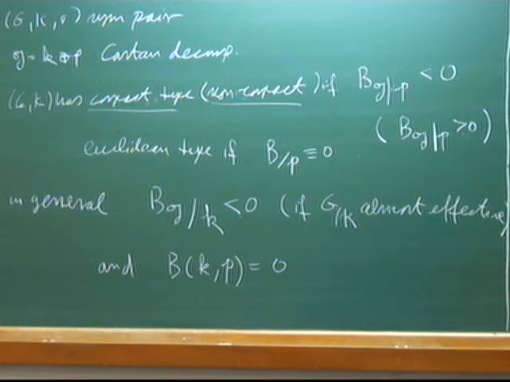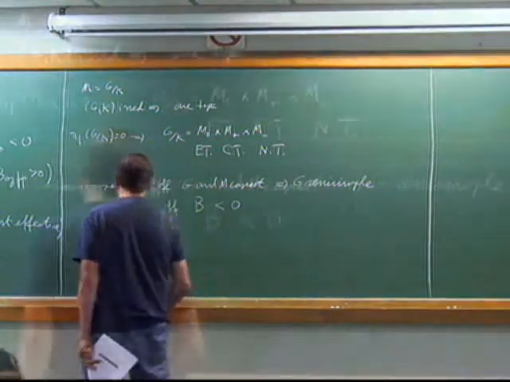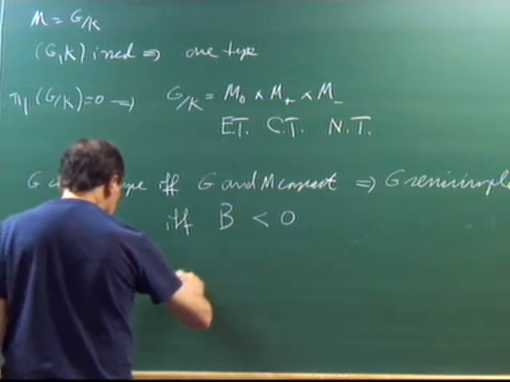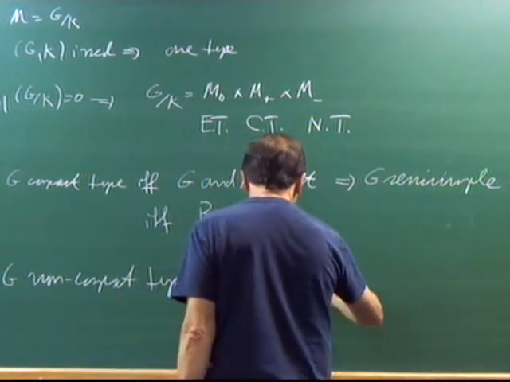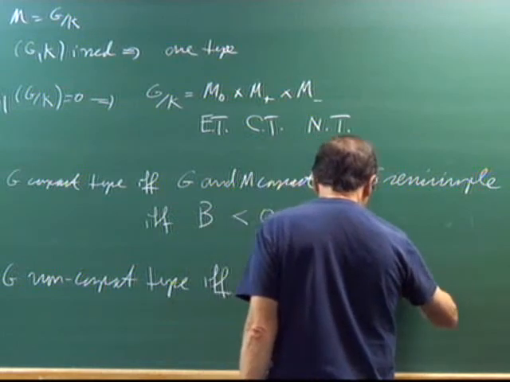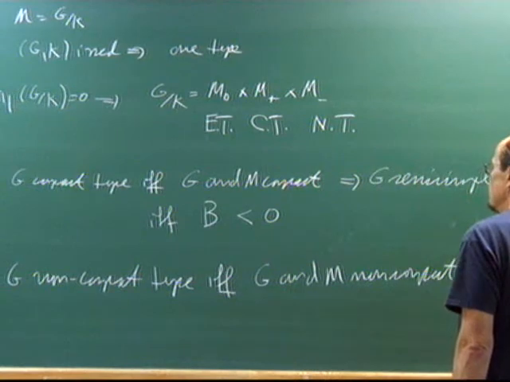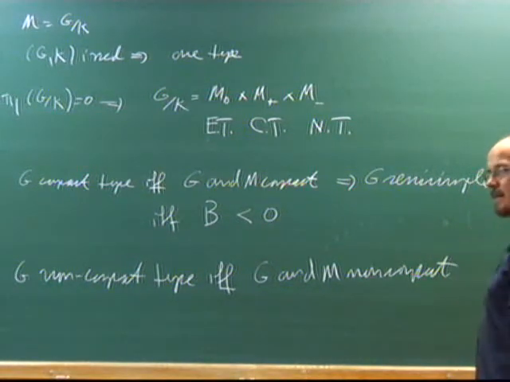Of course, here I can always also say if and only if the Killing form is strictly negative definite. Similarly, G is non-compact type if and only if G and M are non-compact. In that sense, I was going to complain because you say it has a compact type, but it would be intrinsic, stated with the Killing form.